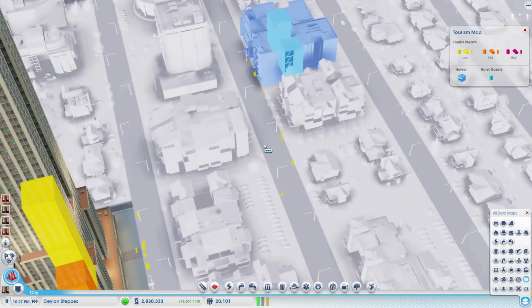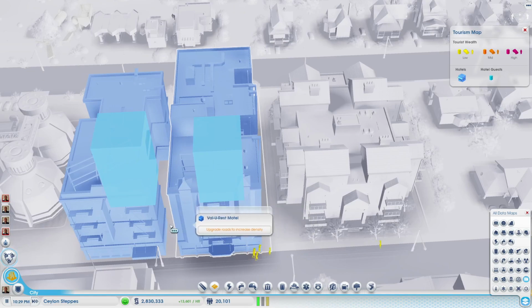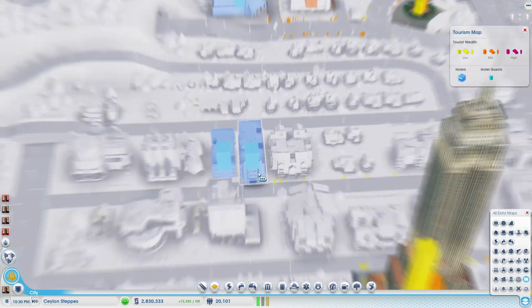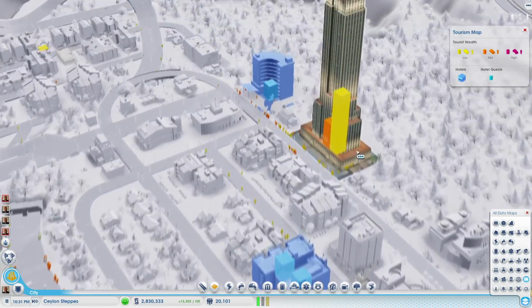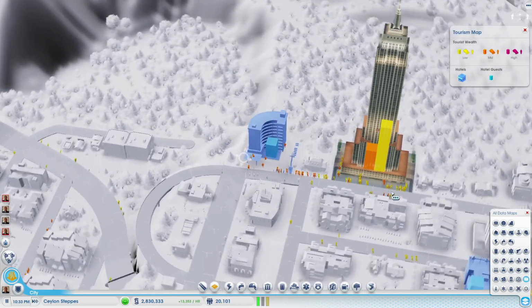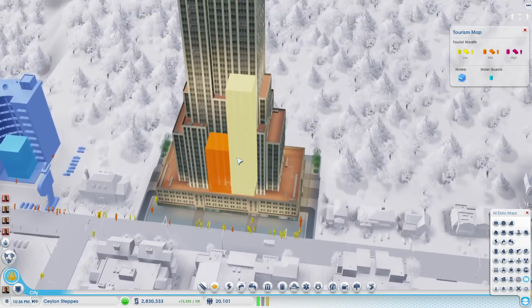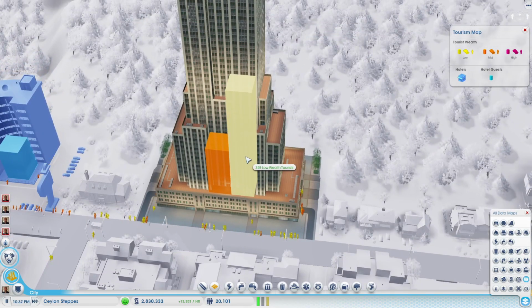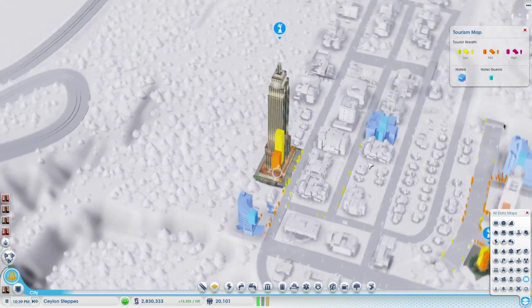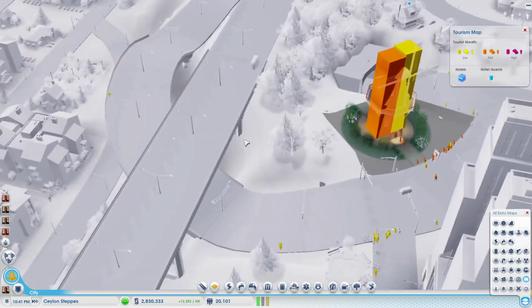Let's see, have these converted into hotels or just shops? Motel. Okay, wonderful. Over here, that's hotel. So people are staying. Low wealth tourists, medium wealth. Look at that.